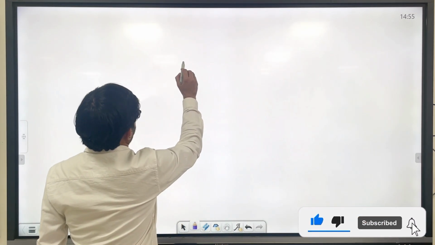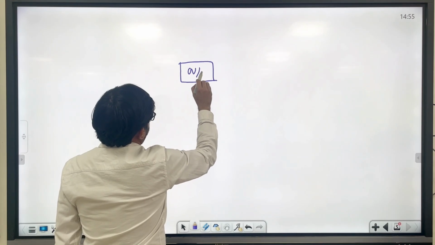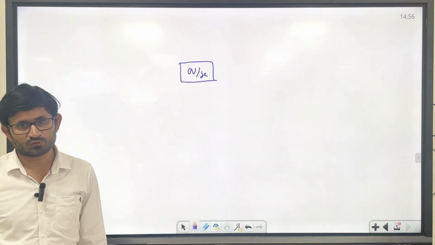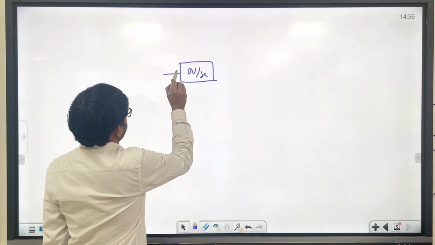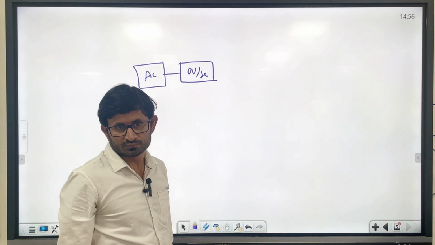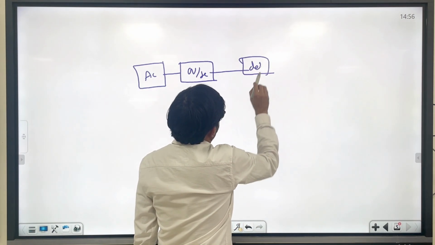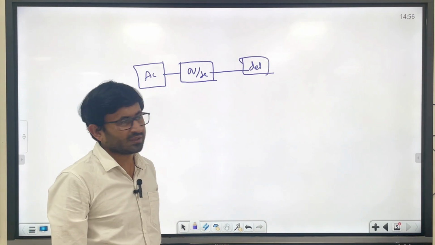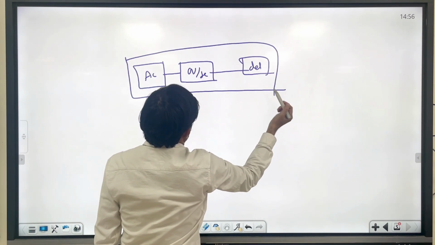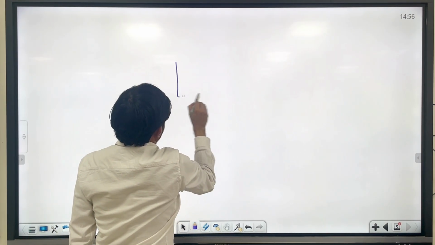First, q by delta e, a fourth order transfer function. Then we take the actuator delay. So this complete block represents the plant.